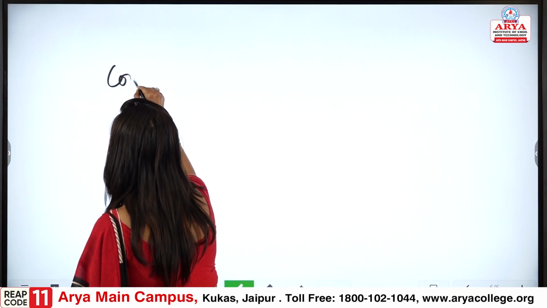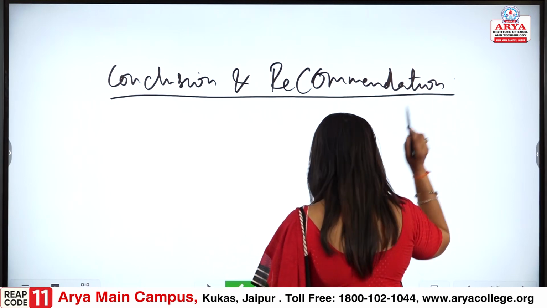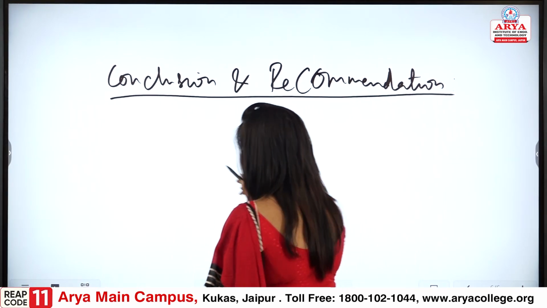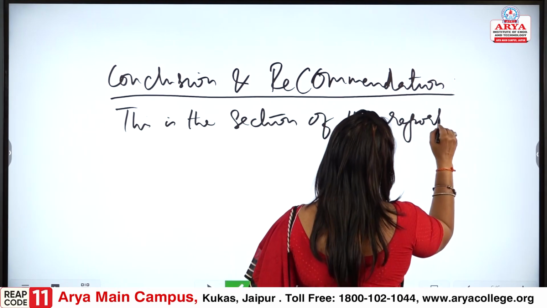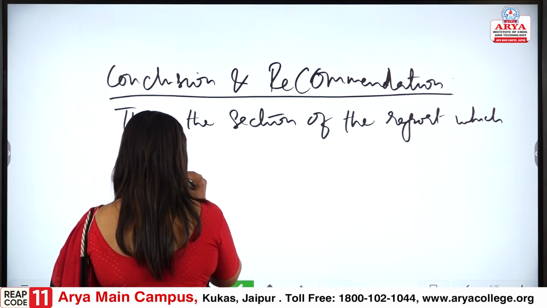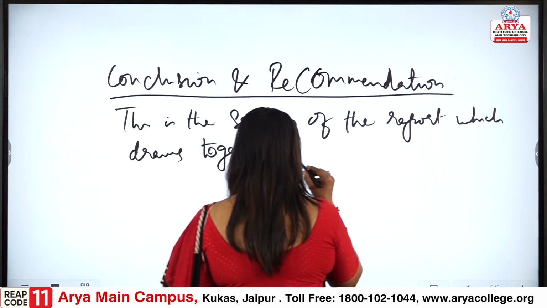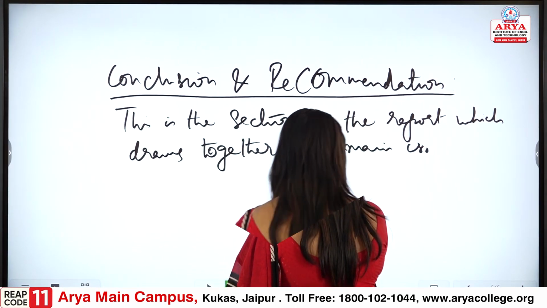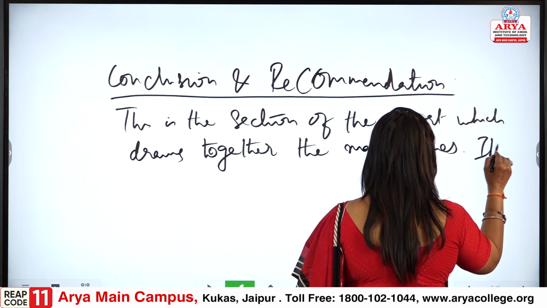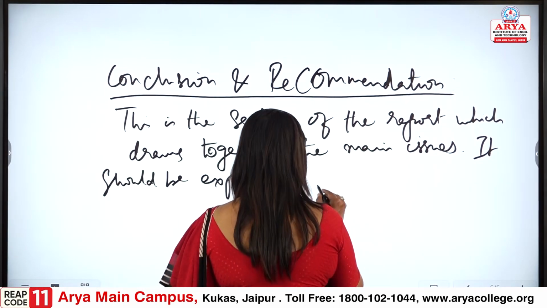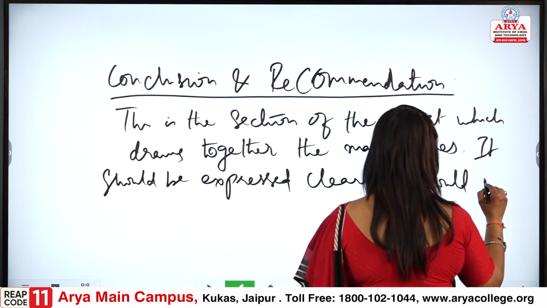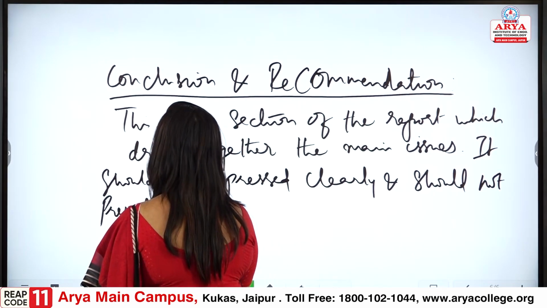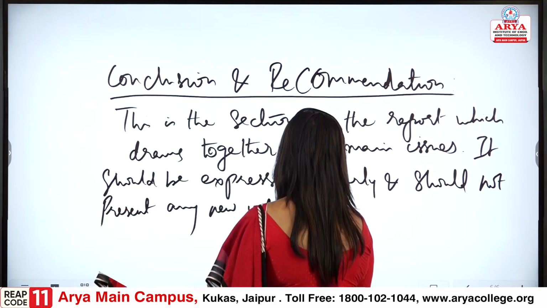Then we have conclusion and recommendation. This is the section of the report which draws together the main issues. It should be expressed clearly and should not present any new information.